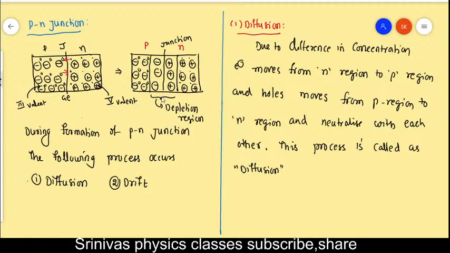And then, due to this diffusion process, a region forms which is free from mobile charge carriers. Due to diffusion, near the junction, what forms?